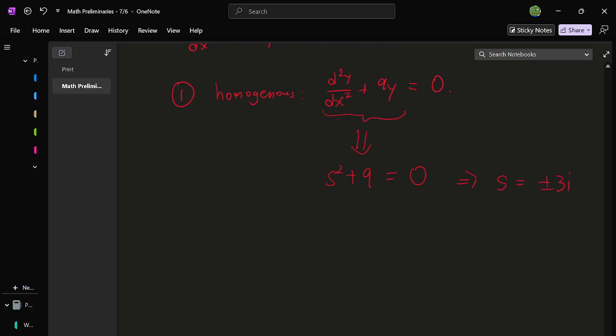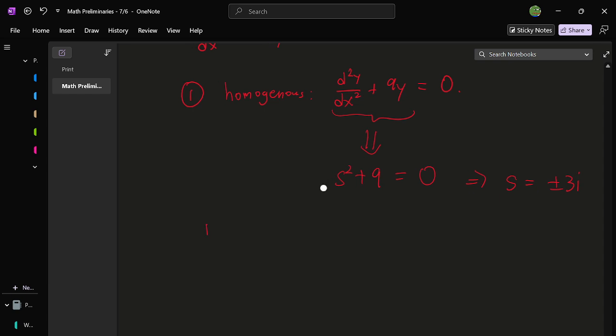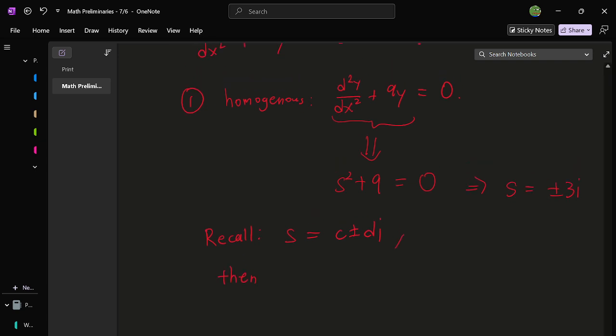And this will give you complex roots. So when you have complex roots, you always want to go back to what I've mentioned earlier. So recall that if S equals C plus minus DI, then you have y equals to this.